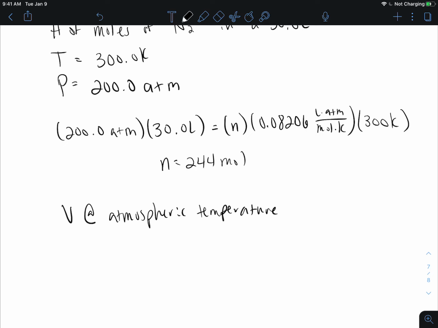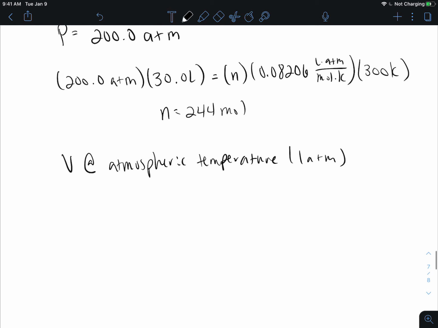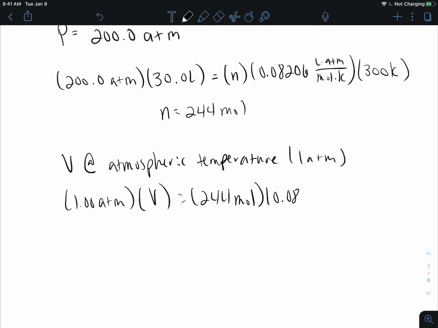So if we're at 1 atmosphere, and from here, we would get a volume equal to 6,007 liters.